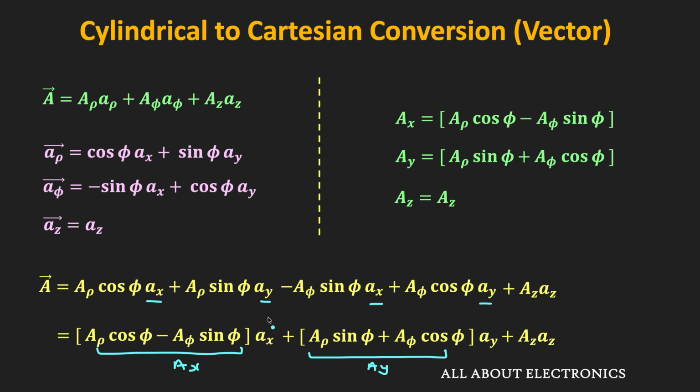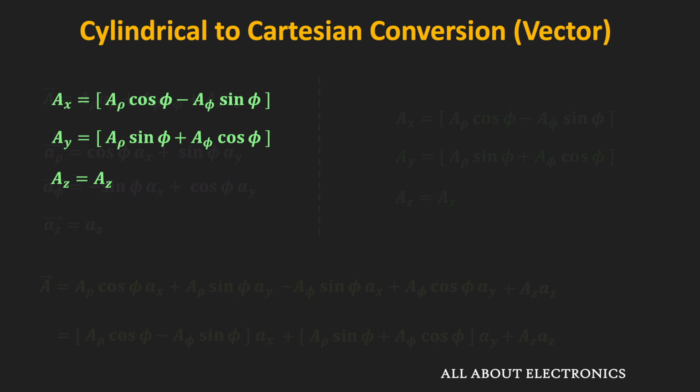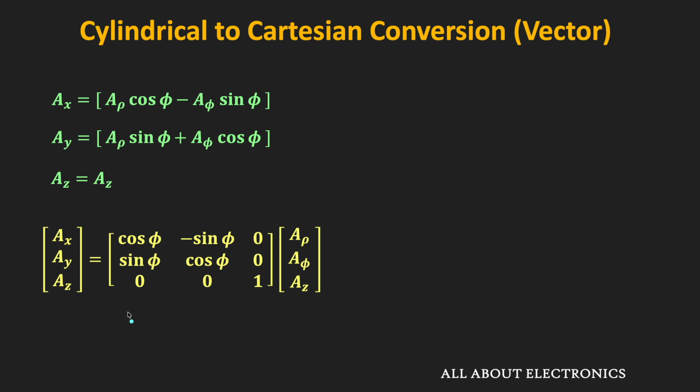So in this way, we found the relationship between the components ax, ay and az in terms of the cylindrical components. And here, the same thing can also be written in the matrix form. So this is the transformation matrix for converting the vector that is given to us in the cylindrical coordinate to the Cartesian coordinate.